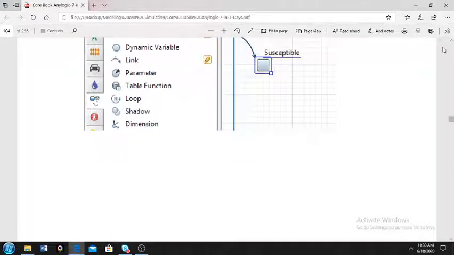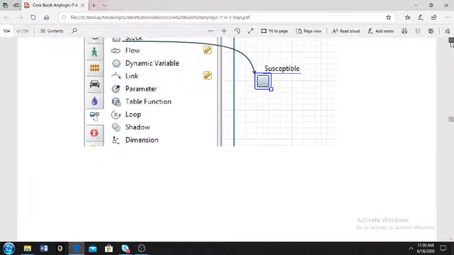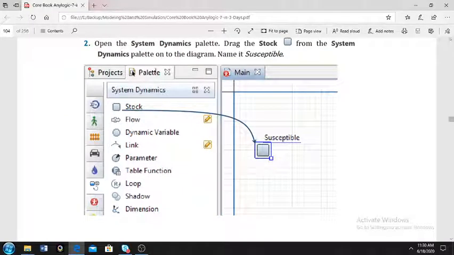Now, in the software, you have the palette here. You can have stocks, flows, and parameters like auxiliaries, which can be dynamic or constant. We have loops; this loop means reinforcing or balancing.